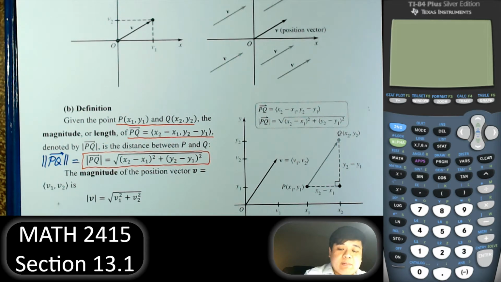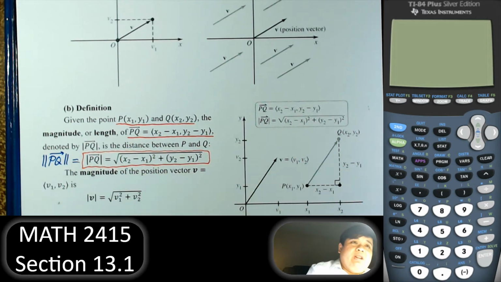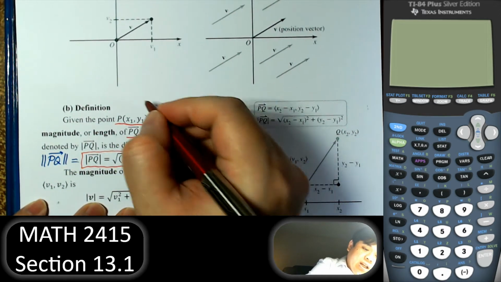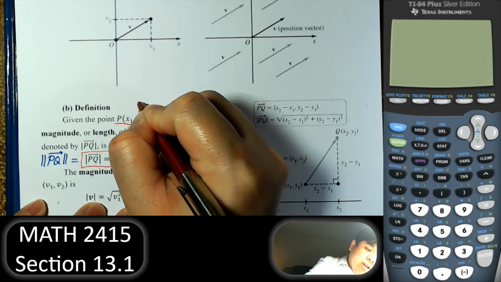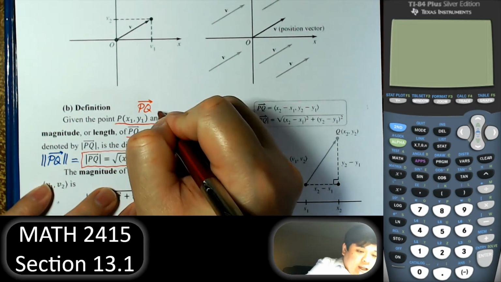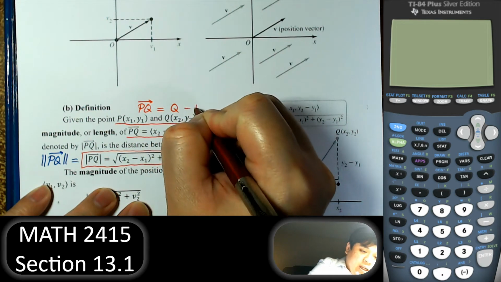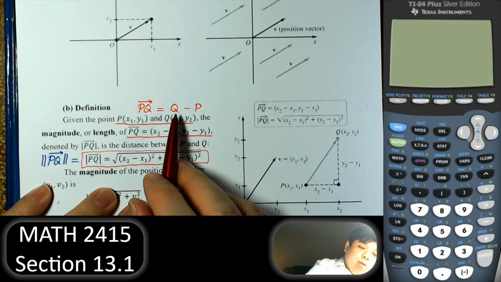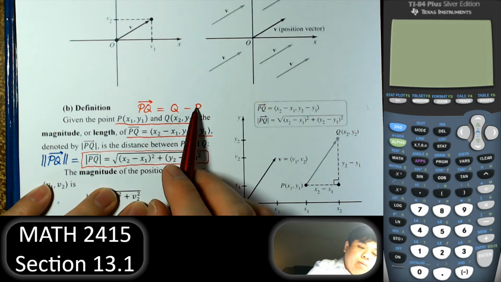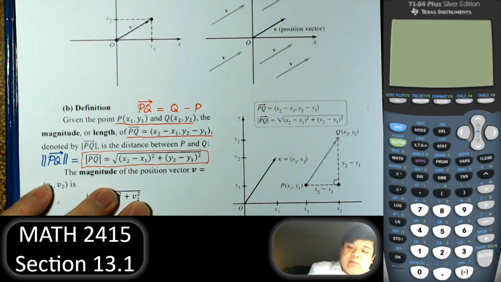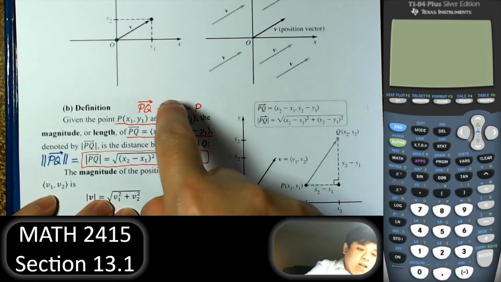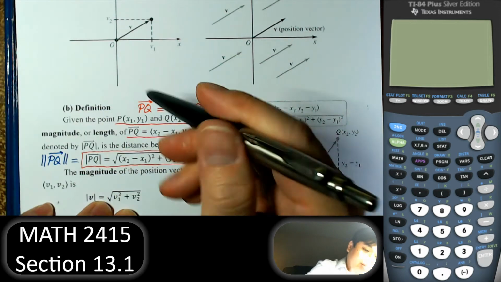Right. Of course, formulas are nice and all, but if we have P and Q, then vector PQ is going to be equal to Q minus P. So see, point Q, x2, y2, P, x1, y1, and we subtract them. And this, of course, is the tail minus the head.